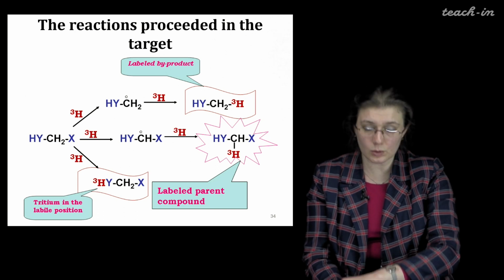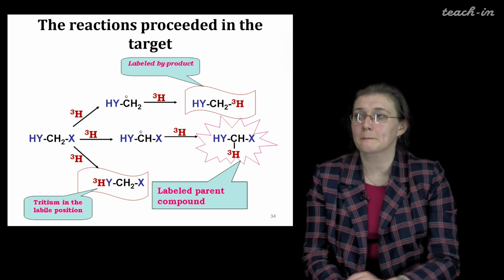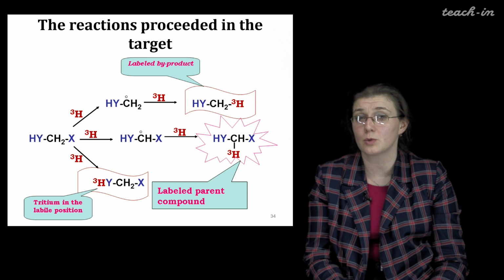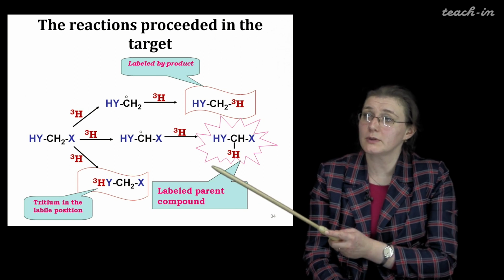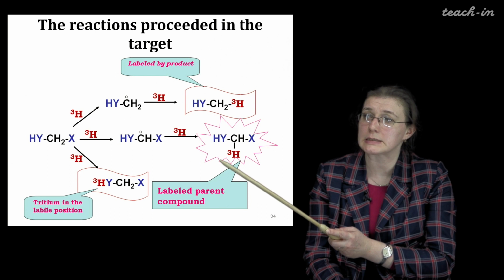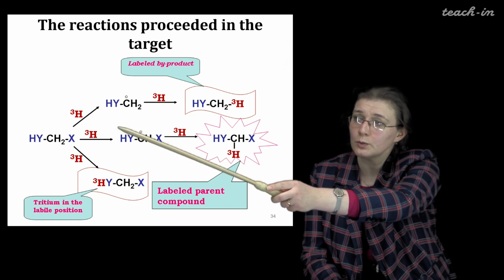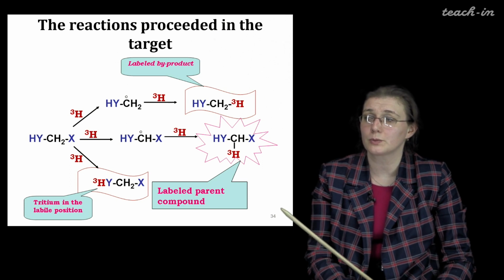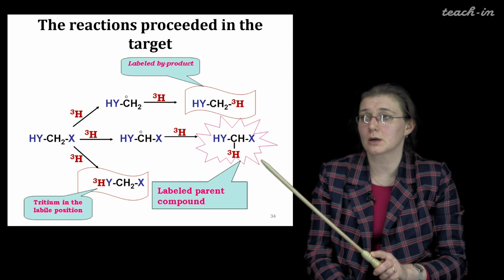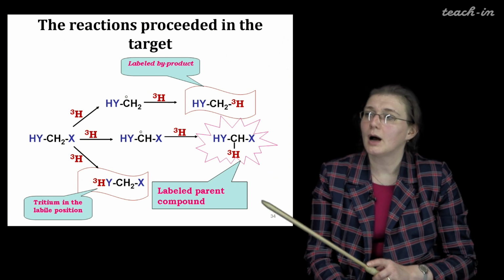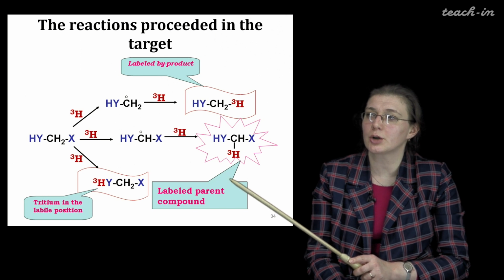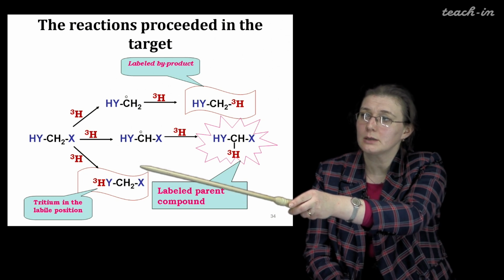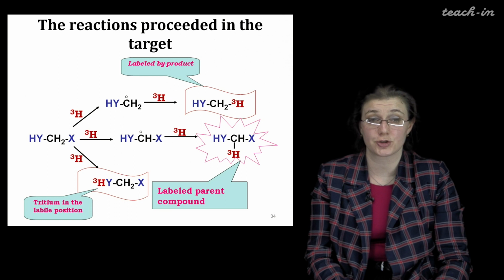So we can see the competition of three most important reactions. If the substitution occurs in a CH bond, which is written here, we obtain the labeled parent compound, the compound we usually need. And if the substitution occurs in the functional group, we obtain tritium in a labile position.